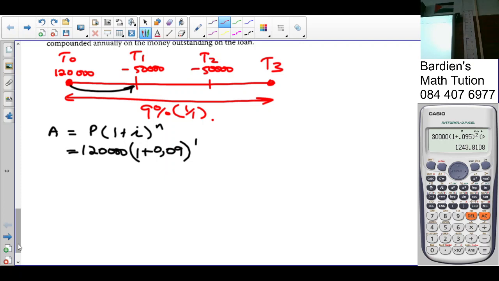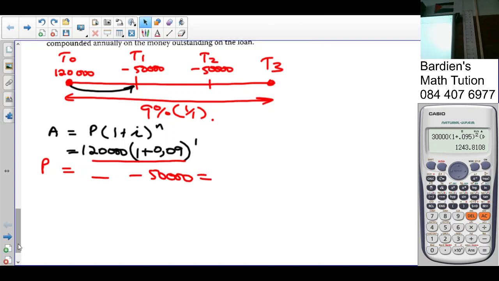Then what happens is, for the principal, I take its answer minus 50,000. Not so? So that's going to give us 120,000 into 1 plus 0,09 to the exponent 1. So it's going to be 130,800.